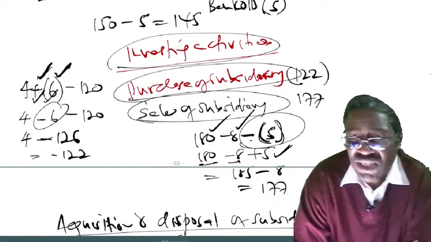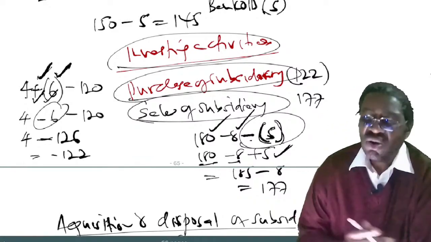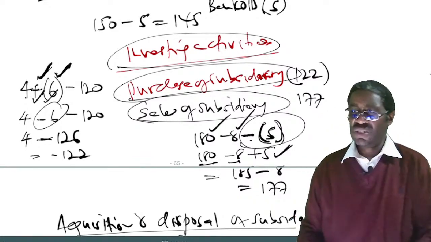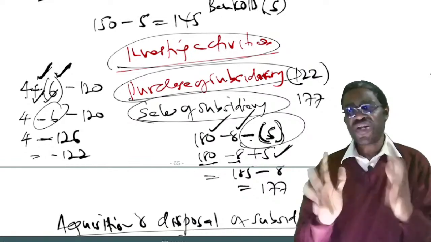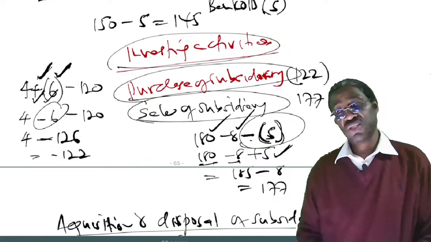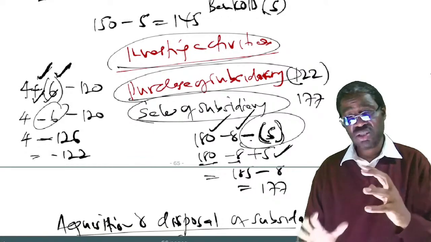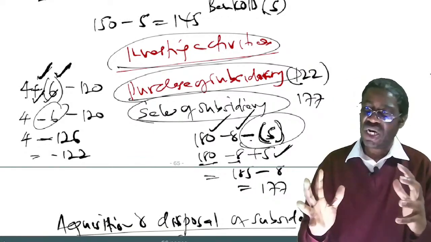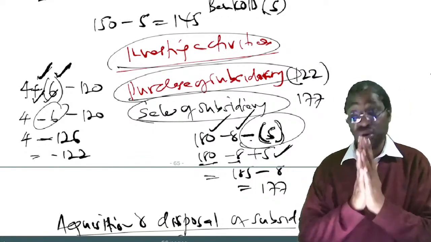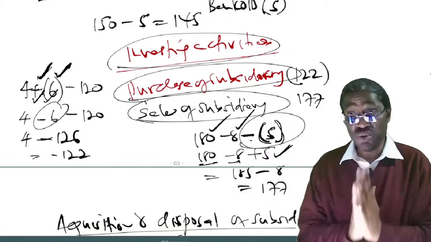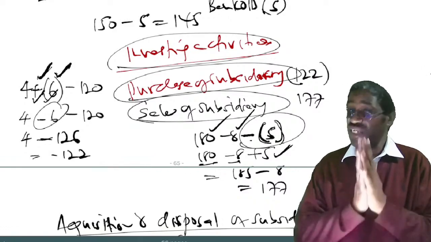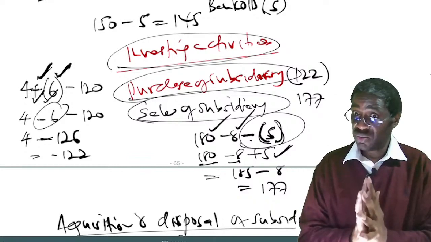Now listen. So in principle, we are through with our discussion of how to prepare a cash flow statement for the group and for the individual companies. Ideally, we are through.